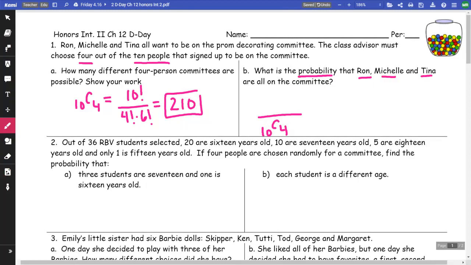Since 3 people are already on the committee and there's 10 people total, that means 7 people are left for 1 position. So this is going to be 7 choose 1, and 7 choose 1 is 7. So it's going to be 7 out of 210, which is 1 out of 30. And that's your answer.